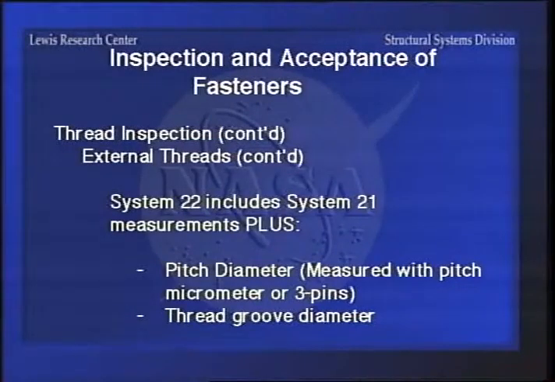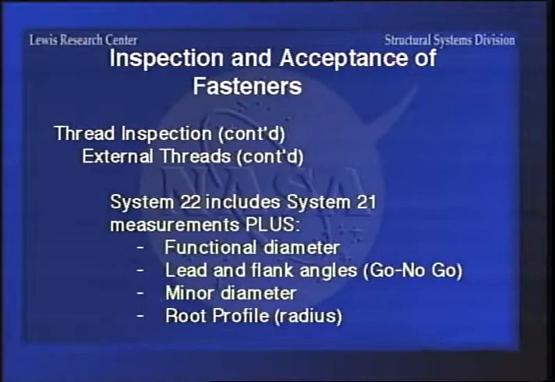Then you have a pin type on the other one that fits in a thread, and you can span this across the OD of the threaded area and get a reading which will give you the actual pitch diameter that you want, and you can look on a table then and see whether it's within the tolerances that you want. The thread groove diameter, which is the measurement between threads at the pitch diameter point.